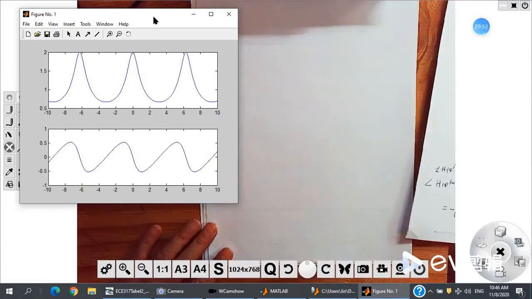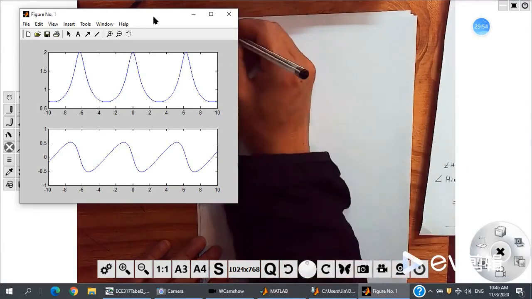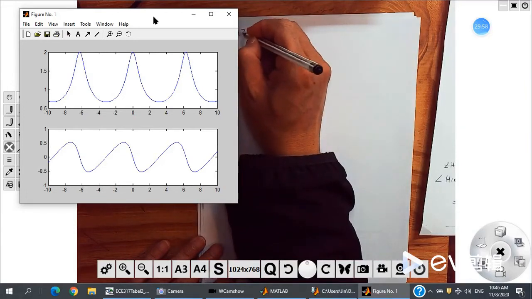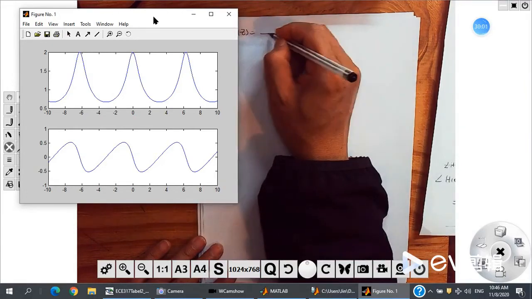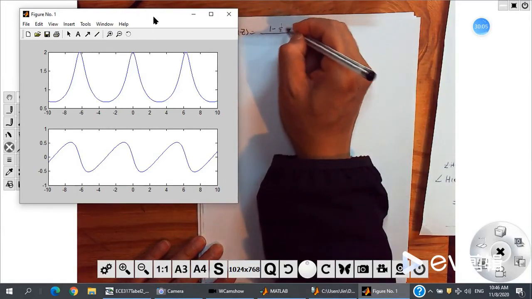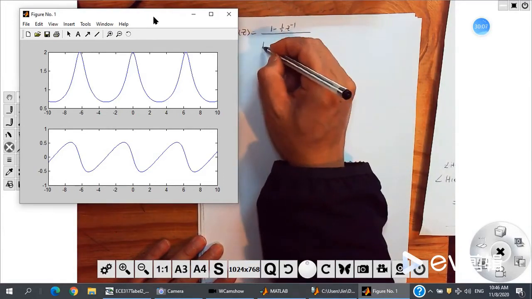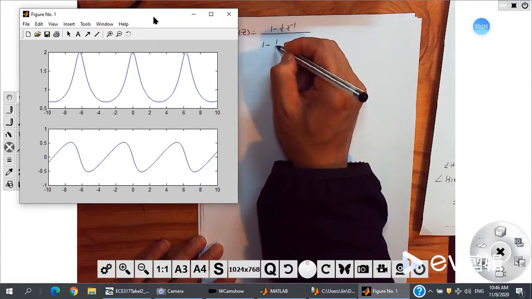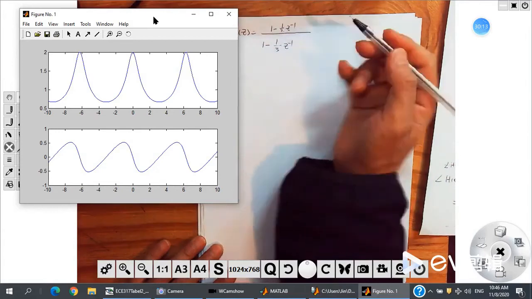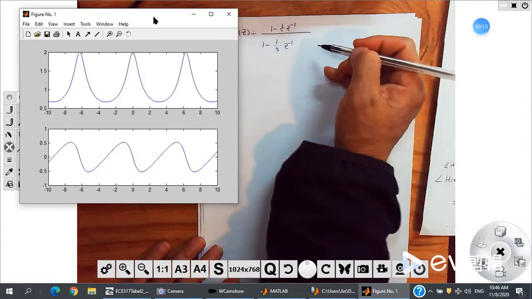And the third one, I have a third case. H of z equal to, now I have 2. I have 1 minus 1/2 z to negative 1, and 1 minus 1/3 z to negative 1. Maybe I have more, but okay, just use 1 zero and 1 pole.